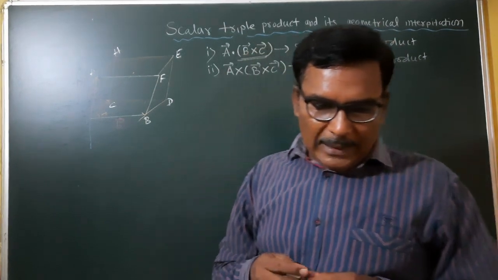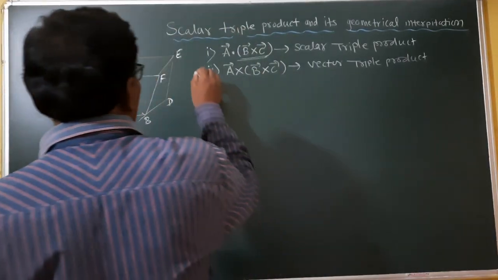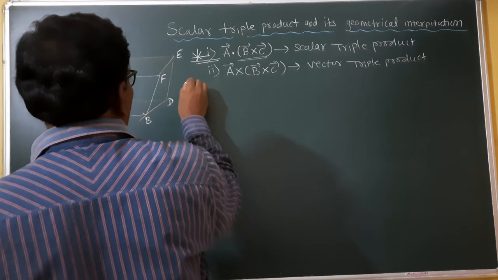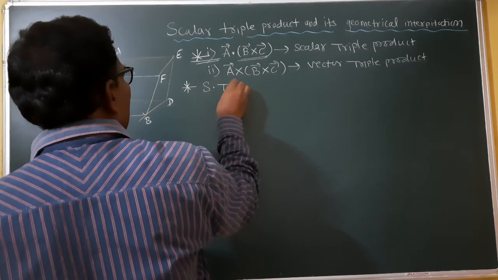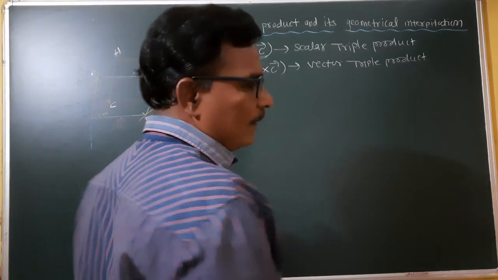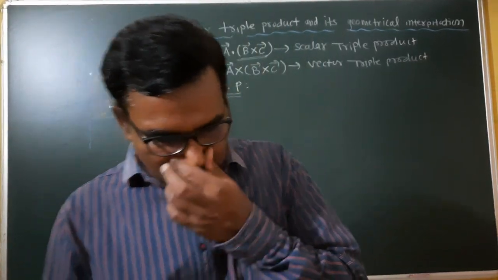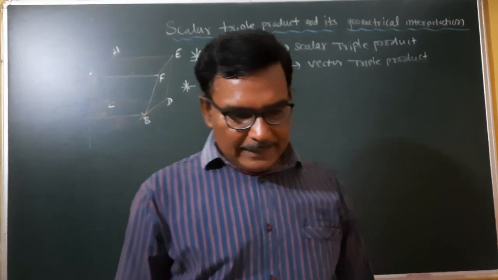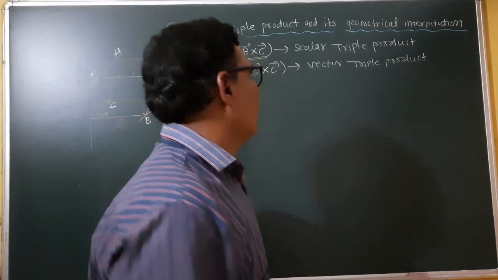Now, first of all we discuss the scalar triple product, in short STP. For the scalar triple product, we consider A bar dot B bar cross C bar. Here, B bar cross C bar is a vector, and A bar dot B bar cross C bar will ultimately be a scalar.